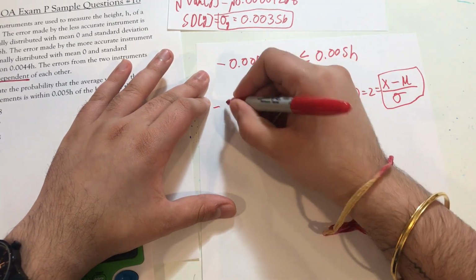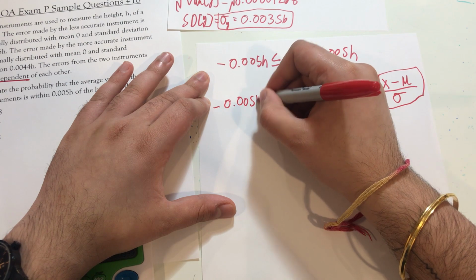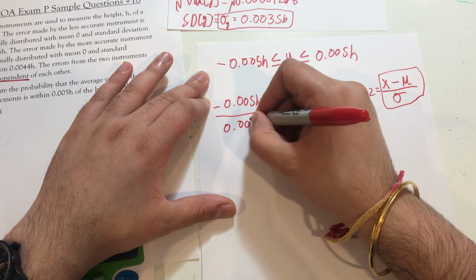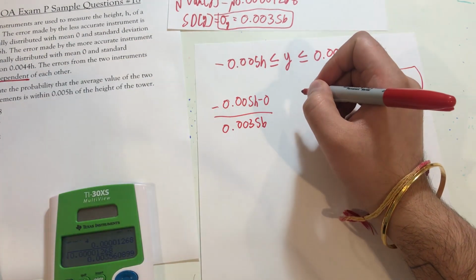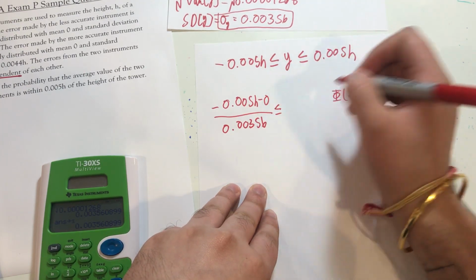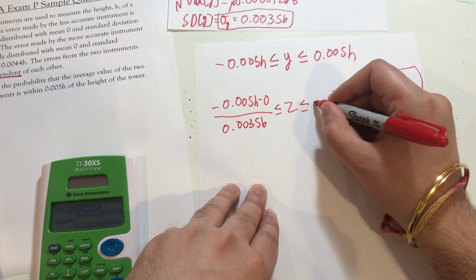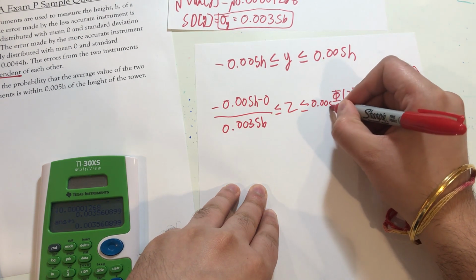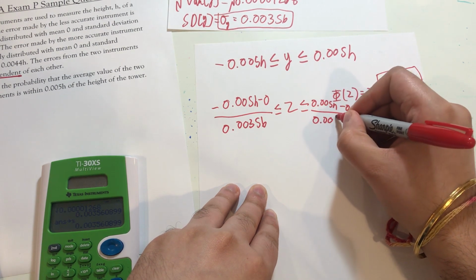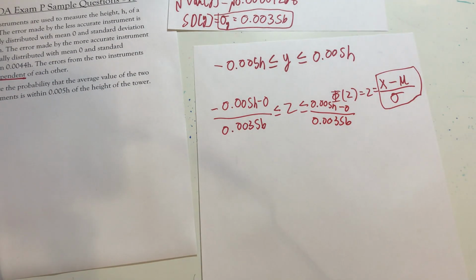So this becomes negative 0.005h minus 0 divided by the standard deviation of 0.00356, less than or equal to z, less than or equal to 0.005h minus 0 over 0.00356.